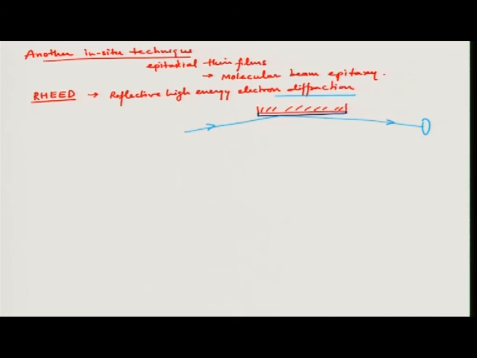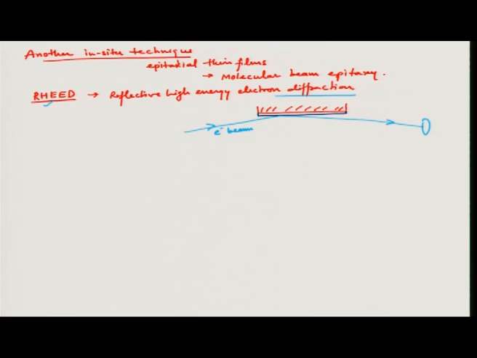Okay. So, based on this electron beam, you can determine how many monolayers are being deposited, and you can stop the process after your desired number of atomic layers or molecular layers are deposited. And so, in this way you can measure the thickness of the film and control the thickness of the film in situ while you are depositing this film. Of course, this principle only works when you work in high vacuum systems.